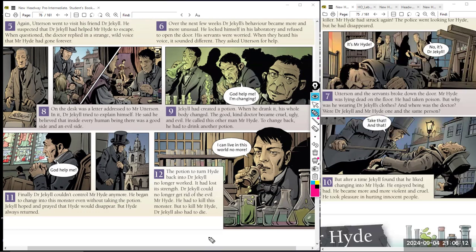He had to kill this monster, but to kill Mr. Hyde, Dr. Jekyll also had to die. Okay, Hiba, but why? Why did Dr. Jekyll have to die?